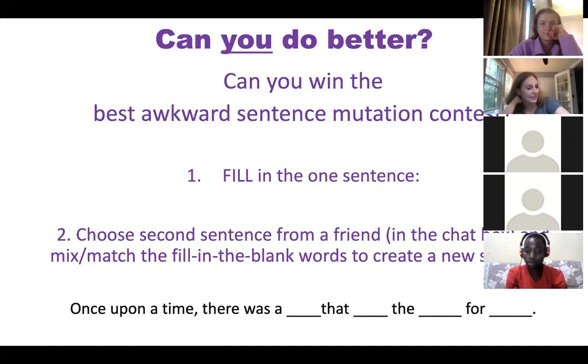Right now, I see 2 sentences up. We're waiting for a few more. In the meantime, I will read those sentences.